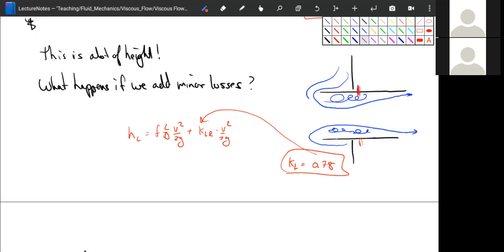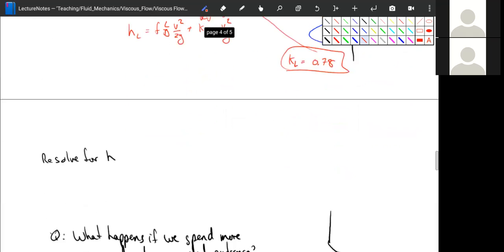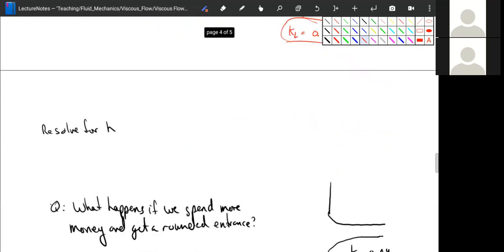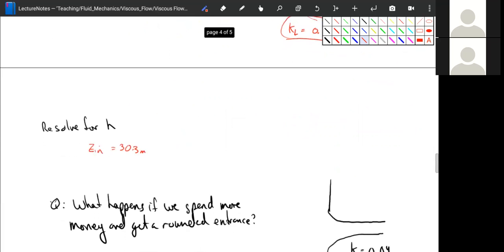And when we do that, in this case, we know everything, right? We know K, we know V squared, we know 2G. We have to just now resolve for H. And what we get is that Zn is now equal to 30.3 meters, which is a lot higher, right?